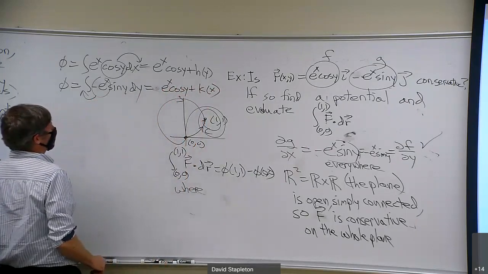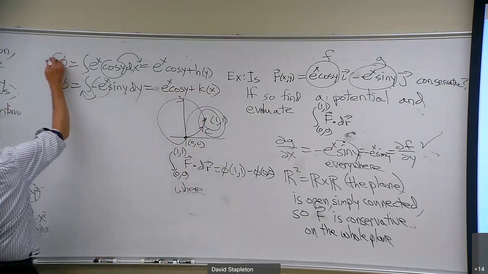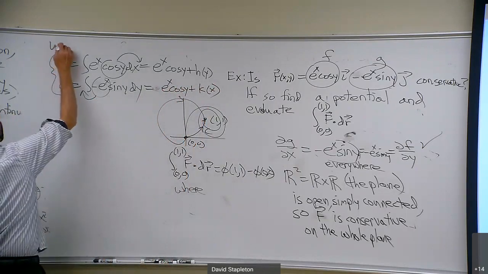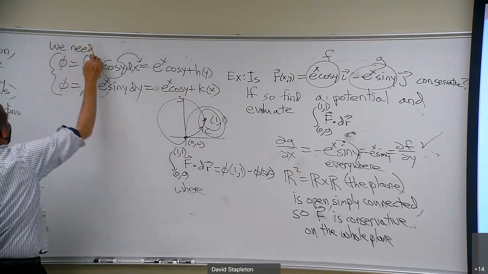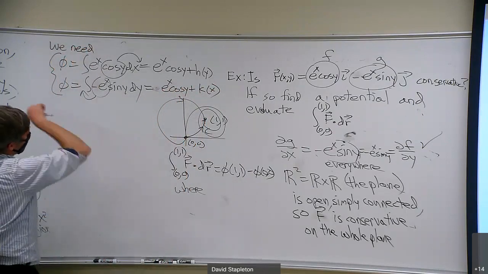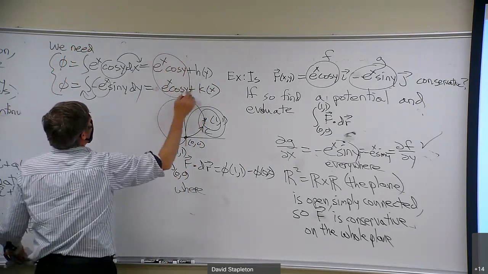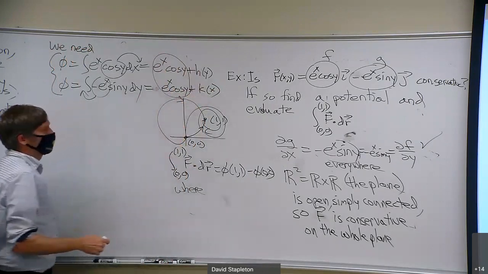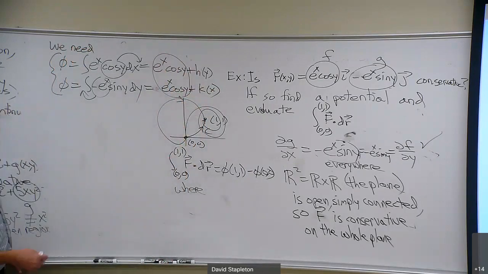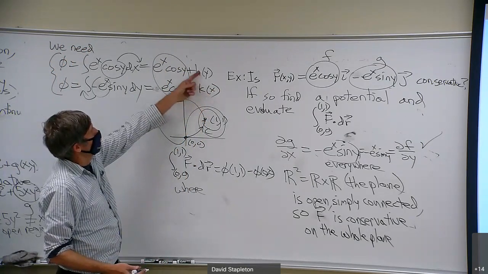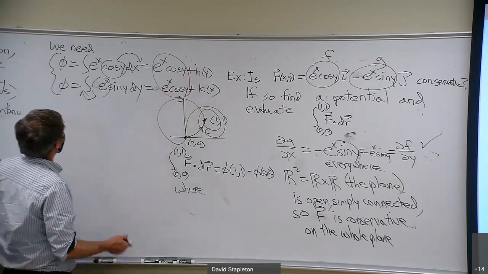So what is the potential? We have to satisfy both these equations. We know this will work because we tested the function by the theorem. And sure enough, these now match up. How can these two be equal? Only if they're just constants. This one can't depend on y, and this one can't depend on x. So between them, they must be a constant.